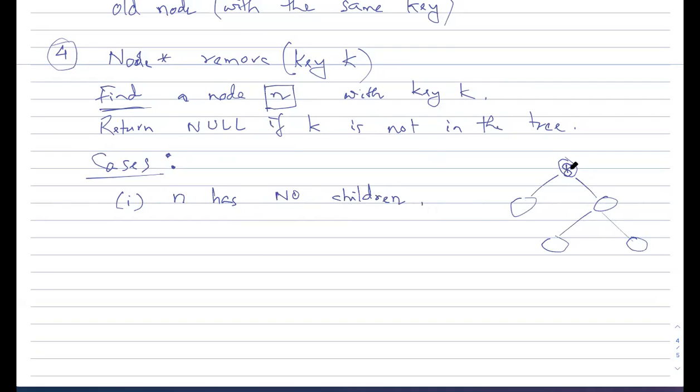Let's go step by step. Suppose this is 8, this is 10, this is 9, this is 12, and this is 5. Suppose we have a tree like this.